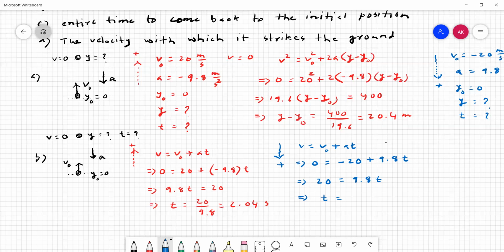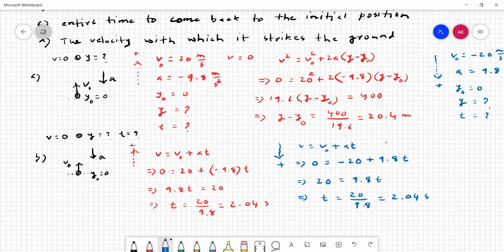So T will be 20 divided by 9.8, which is 2.04 seconds. What you notice is that when you find time using two different coordinate axes, you must end up with a positive number, no matter if you use plus sign or minus sign. Did you notice that?